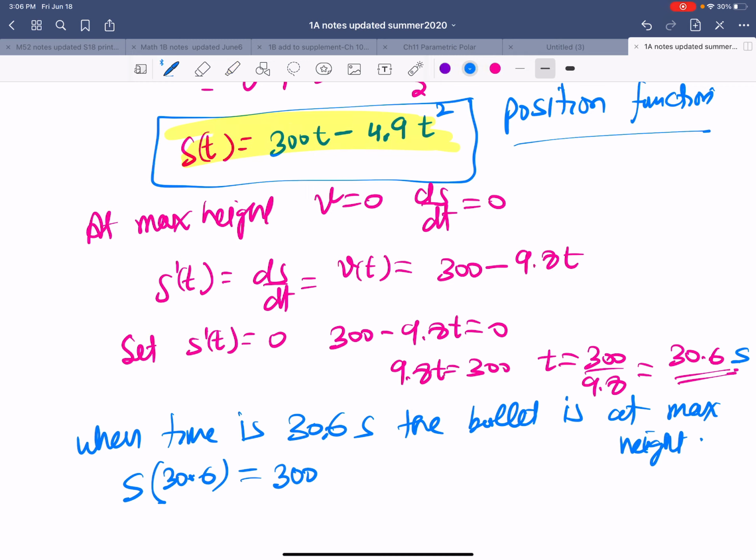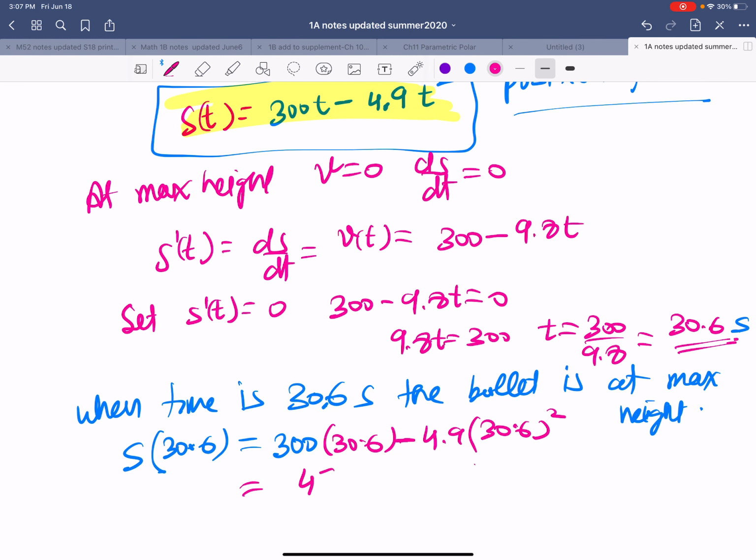That's going to leave me with 300 times 30.6 minus 4.9 times 30.6 squared. And that turns out to be 4592 meters. That's the maximum height for the bullet.